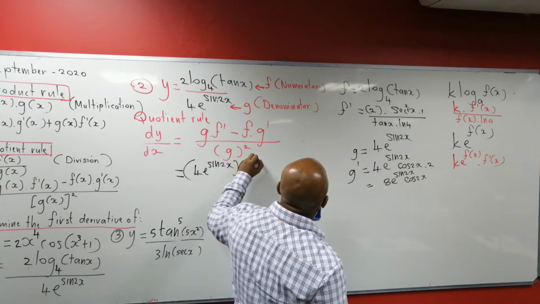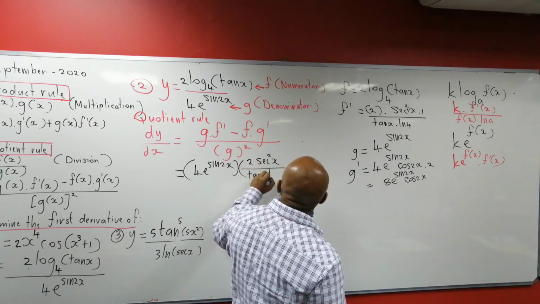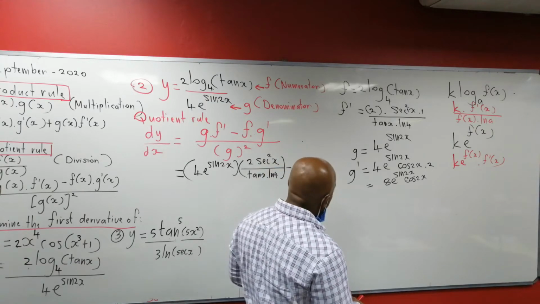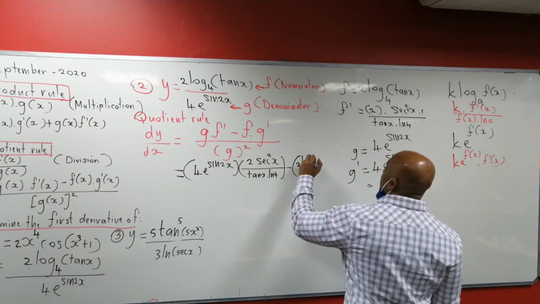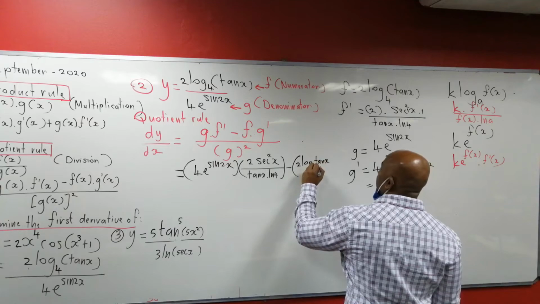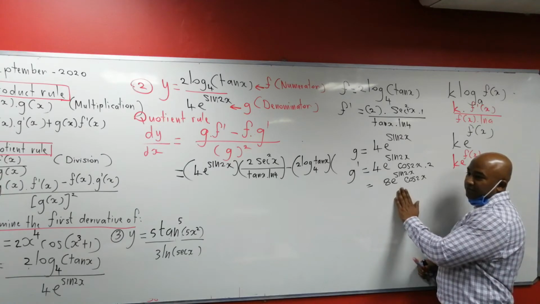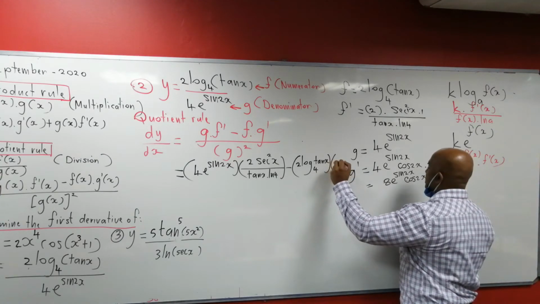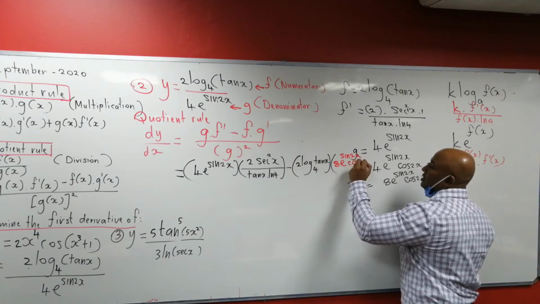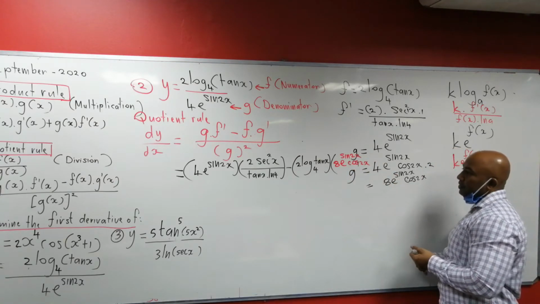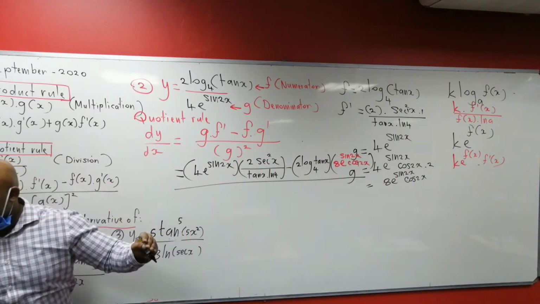So that is 2 sec squared divided by tan x times ln 4, minus f, which is 2 log of tan x to the base 4, and then my g prime, which is 8 e to the power sine 2x times cos 2x, all divided by the denominator squared.